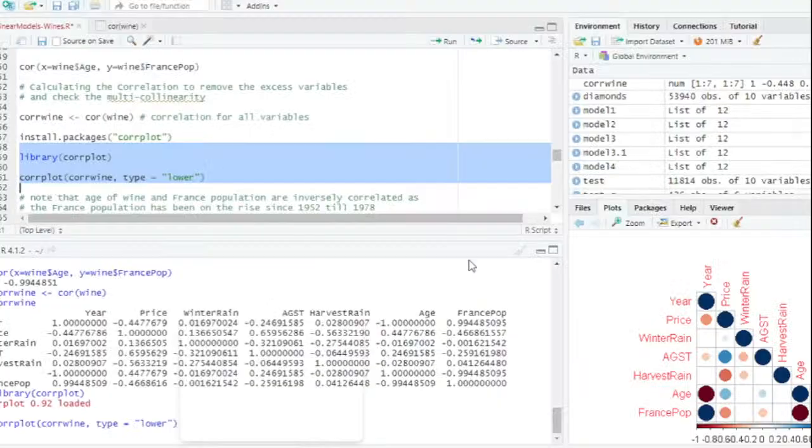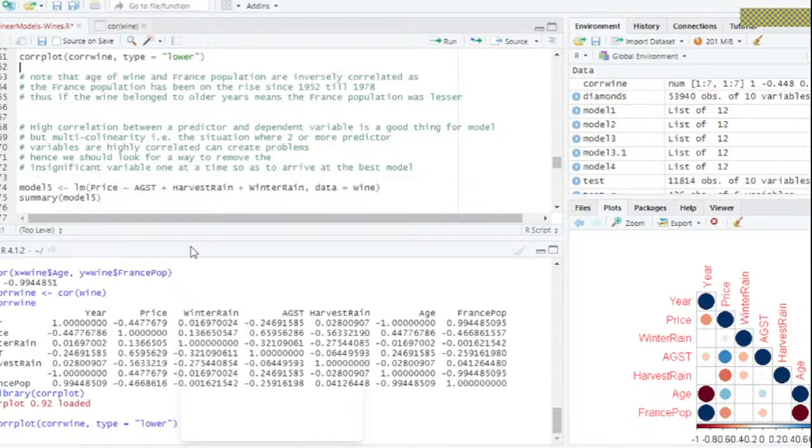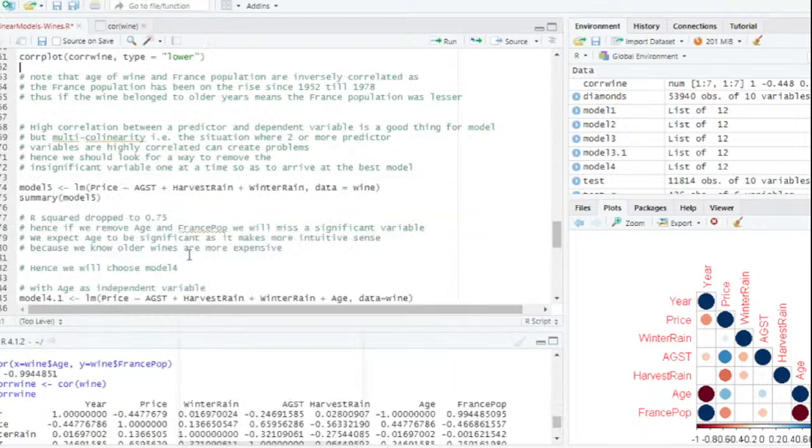Note that the age of wine and France population are inversely correlated. The France population has been on the rise from 1952 to 1978. Thus, if the wine belonged to older years, it means France population was lesser, right?